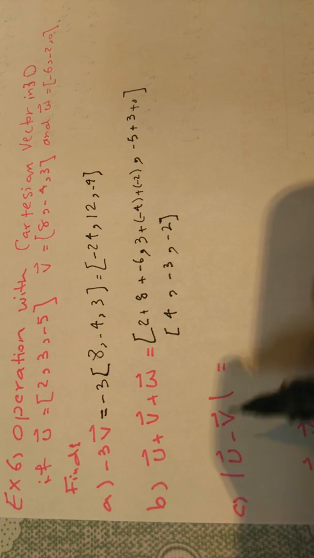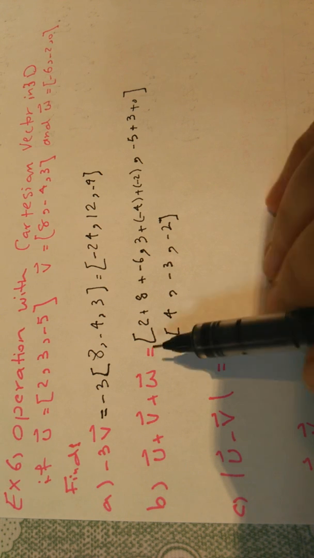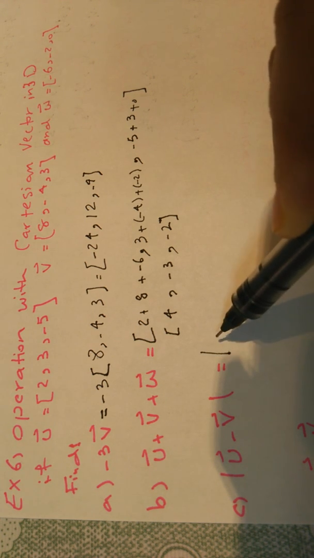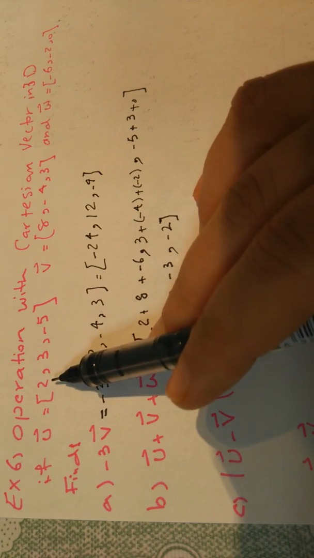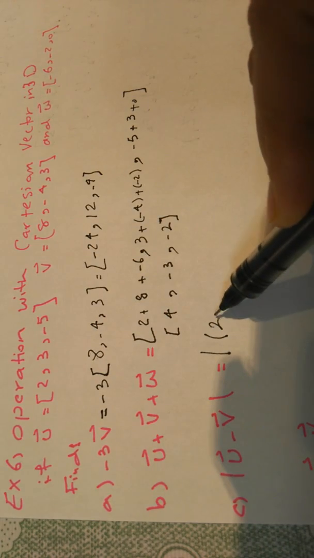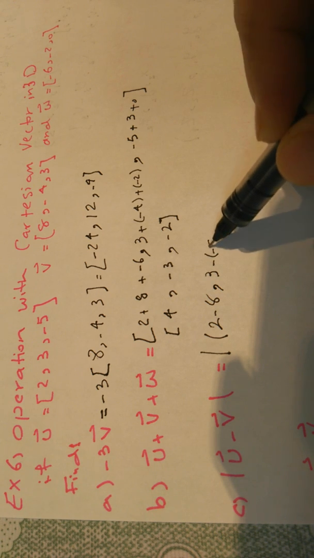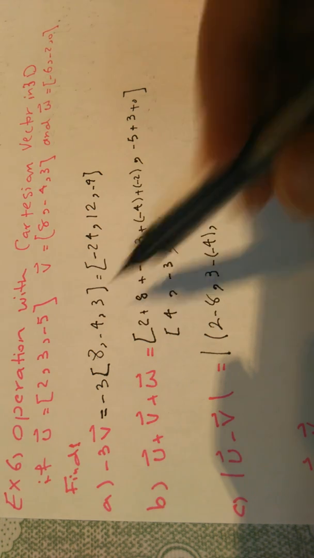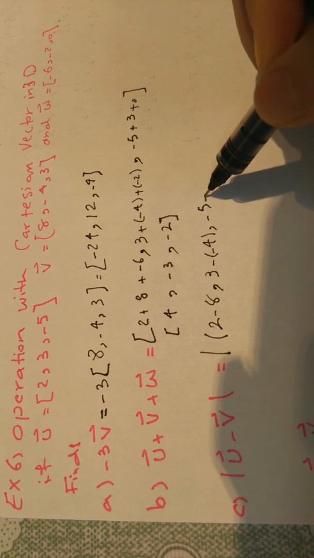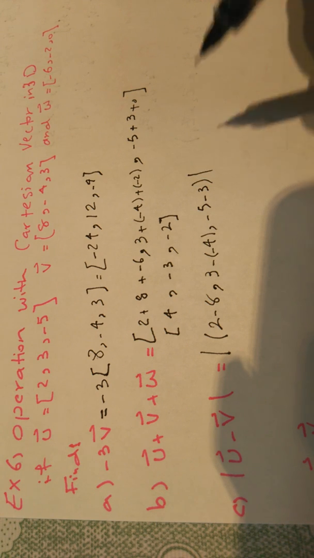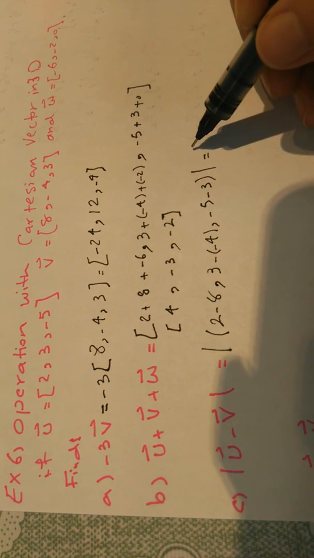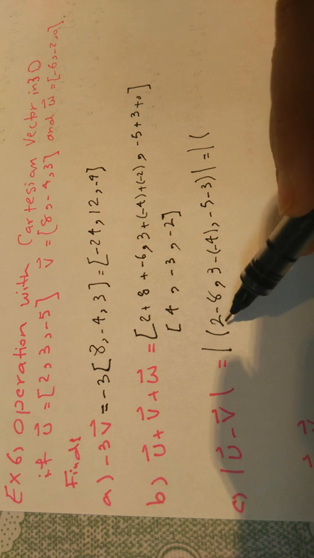So next question is u minus v. U minus v, you just simply the component of the u, which is 2 minus that. So it's going to be 2 minus 8, 3 minus minus 4, negative 5 minus 3. So I just simplify.